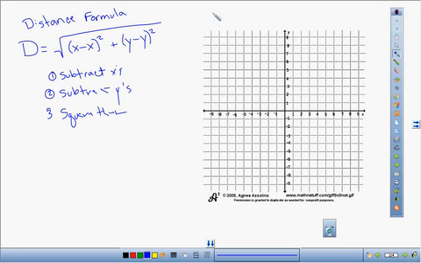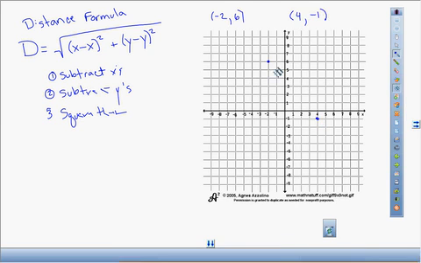So let's take another example. Let's do the points -2, 6, and the point 4, -1. Alright, so -2, 6 would be right here, and 4, -1 would be right here.